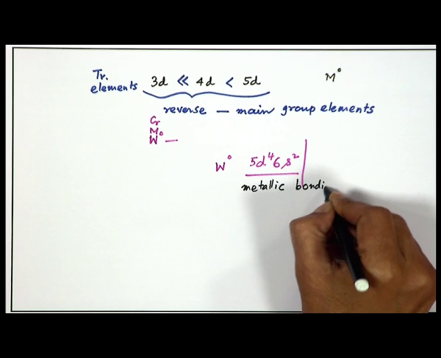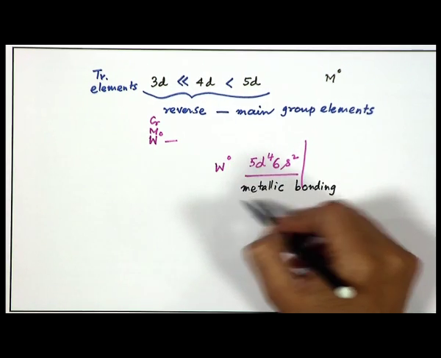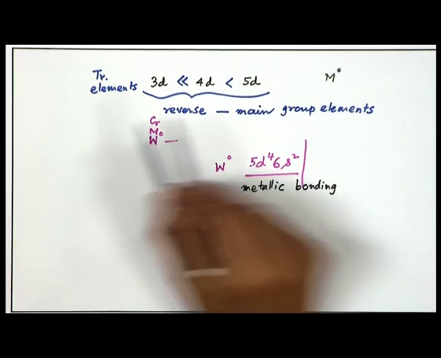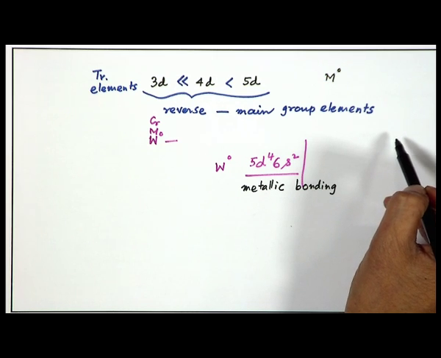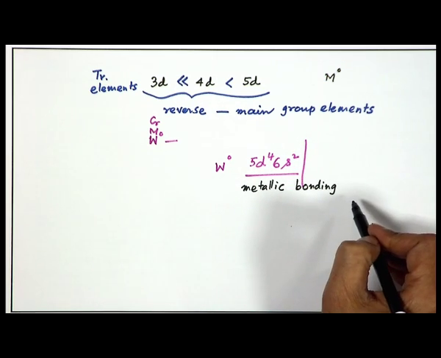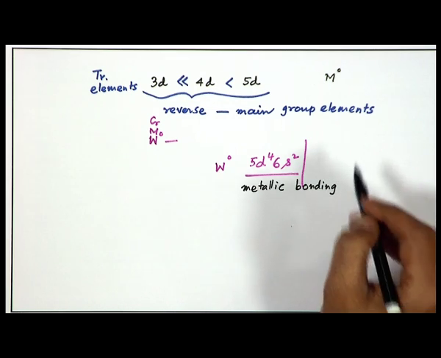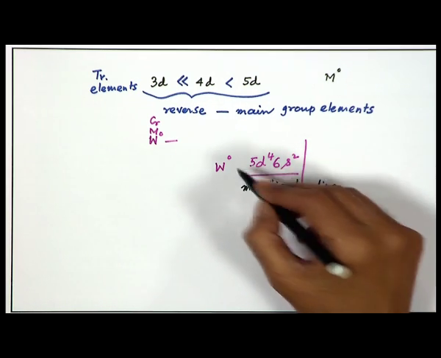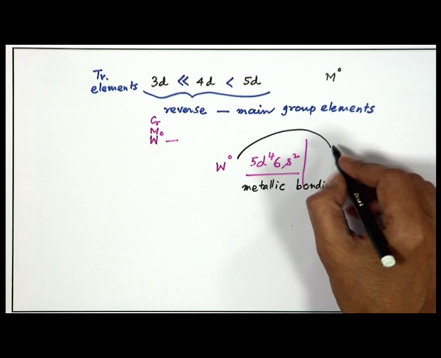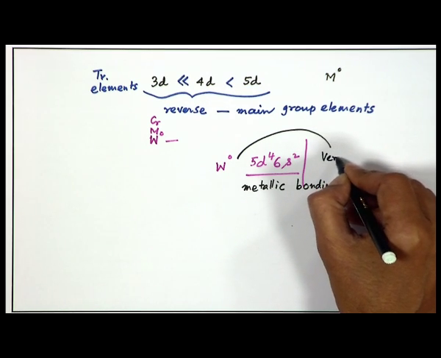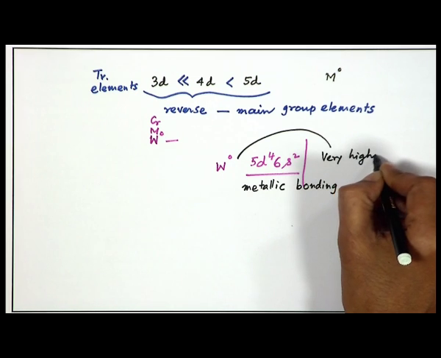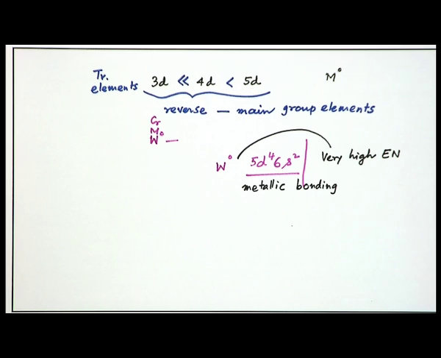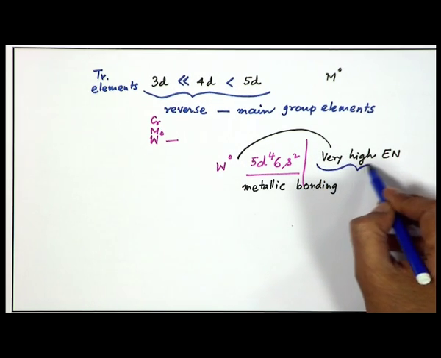So, we have a large number of electrons, which is not possible for s level or p level elements. A large number of electrons are available for these. As a result they can also have very high electronegativity. So, tungsten will have very high electronegativity. And this particular information is also important from our early school days.